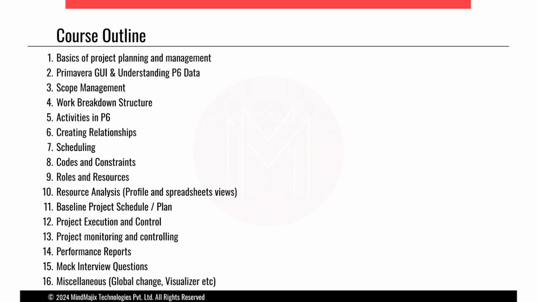So these are primarily the three key areas that Primavera will help us in managing our project. We'll be talking about that, and post that we'll be moving towards the baseline. What is a baseline and how can we create one in Primavera? And project execution and control, and value analysis, and so on.